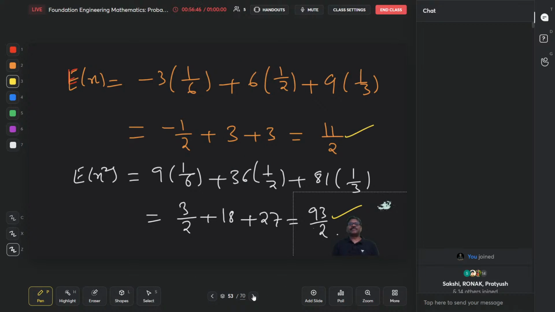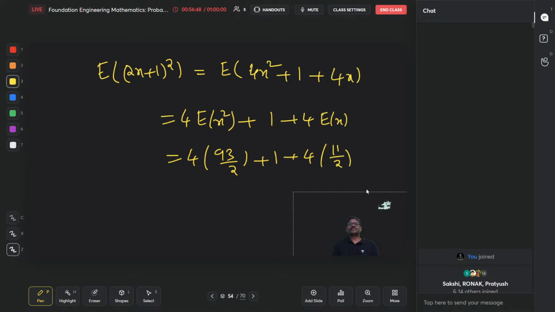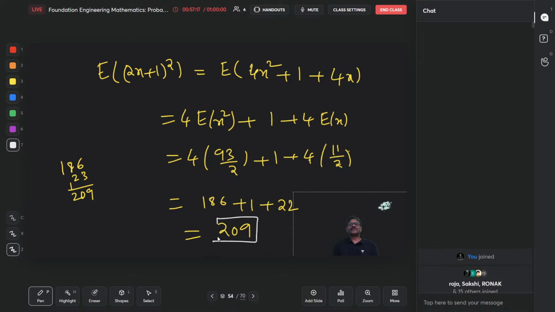Expectation of x is 11 by 2. 93 into 2, that is 186, plus 1, plus 2 into 11, 22. 23 plus 186, so 209. Final answer is 209. Expectation of (2x plus 1) whole square is 209.